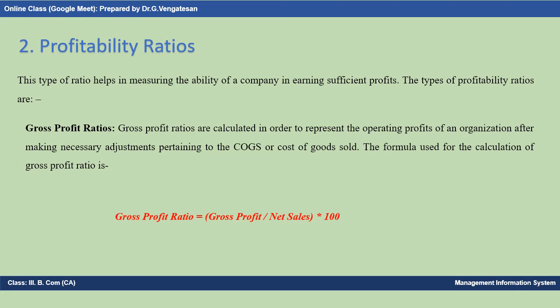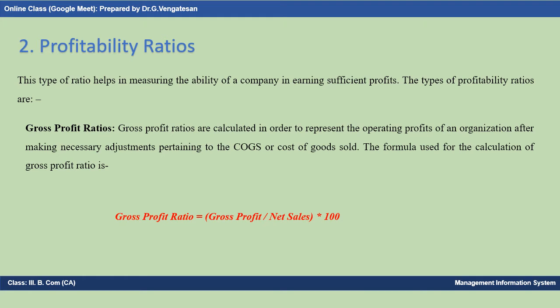The formula used for the calculation of gross profit ratio is gross profit ratio equal to gross profit divided by net sales into 100.